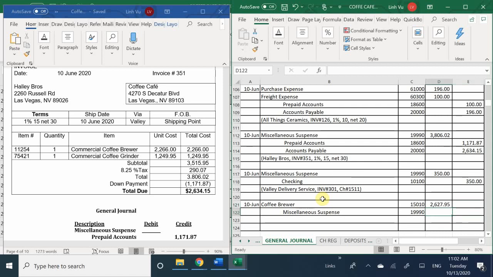So if I had my original asset was $2,266.